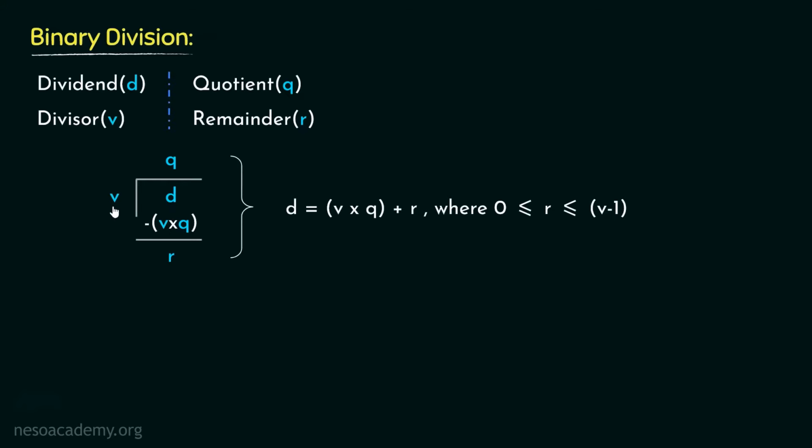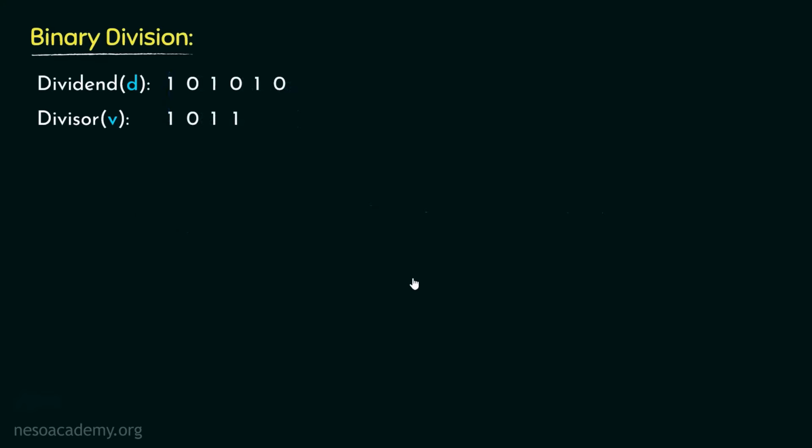Now in this particular case, we will have the quotient as 1 because 3 into 1 will give us 3. And 5 minus 3 will result in the remainder 2. That is 1 less than the value of the divisor V, or 3. And that is the reason why the remainder can at max be V minus 1, that is 1 less than the divisor. Now let's perform a division, shall we?